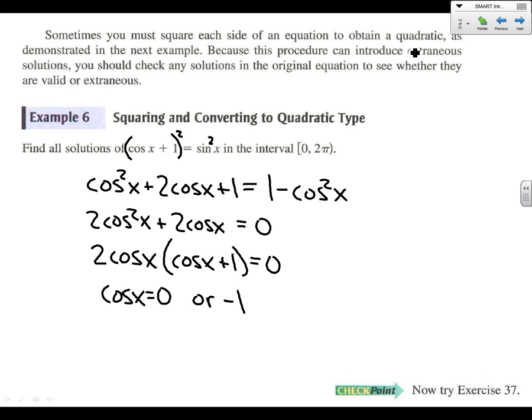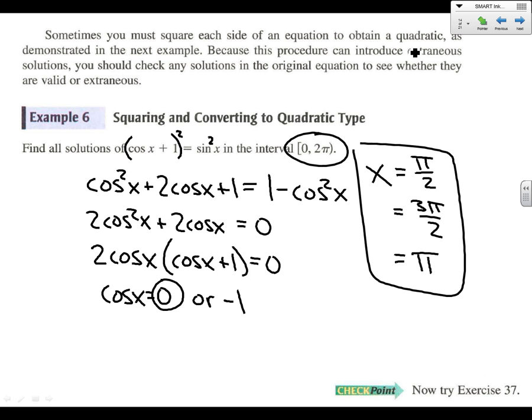We look on the unit circle and say what value of x gives us a cosine value of 0 or negative 1, and our answers to that are going to be pi over 2 and 3 pi over 2. Those are the two places where on the unit circle the x value is 0. And then where is the x value negative 1? That happens at pi. Okay? They give us the interval saying just the first time around the unit circle, so those are our 3 answers.